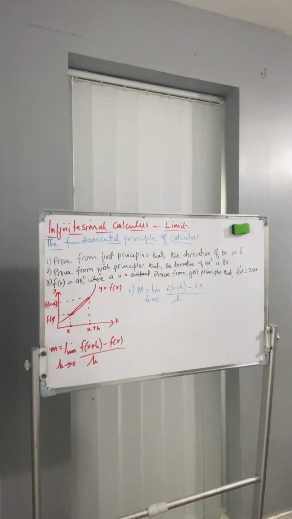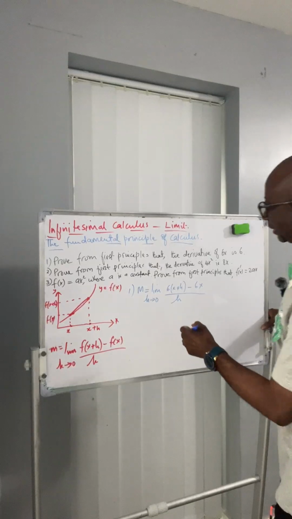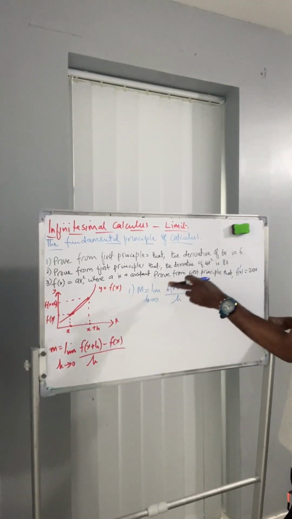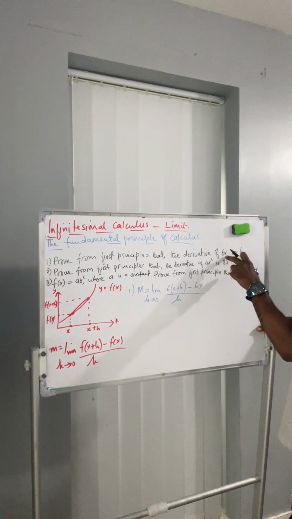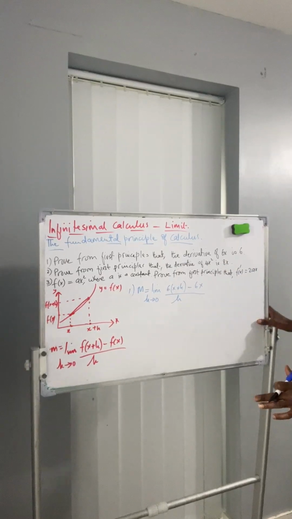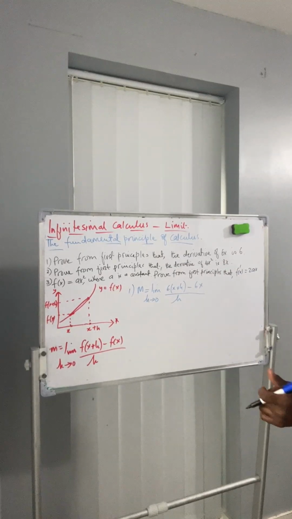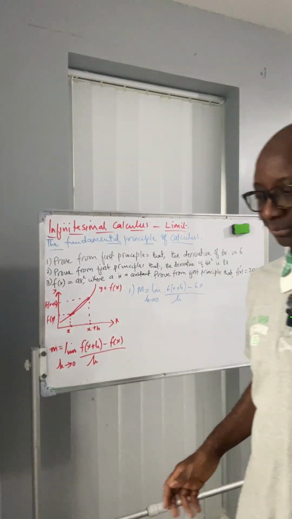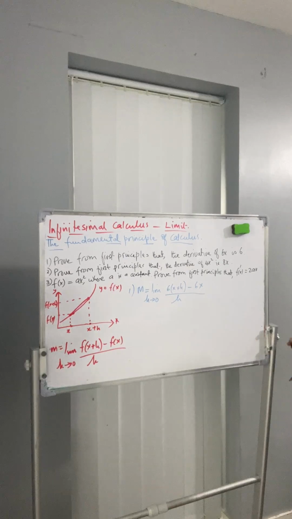So all we need to do here is apply algebra. Once you are able to represent this problem in this format, all you need to do is apply your knowledge of algebra to simplify things, because this is the rule of the first principle.